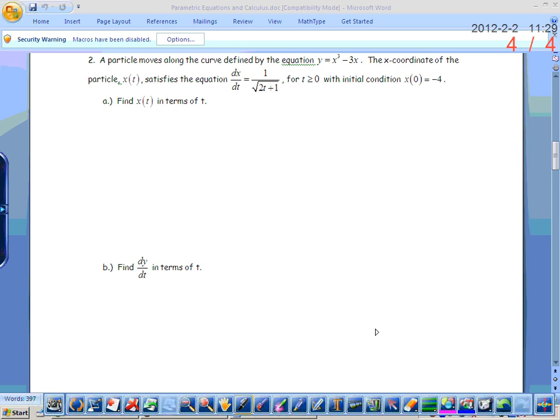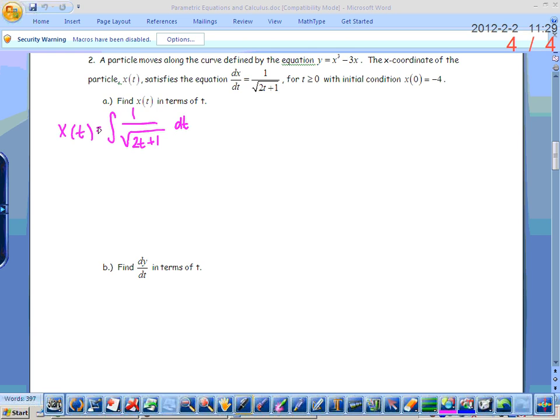So what do I need to use that's given, and what do I need to do to it? Good. I need to integrate dx dt. So I'm finding the integral of 1 over square root of 2t plus 1 dt. All right, integration never goes away.